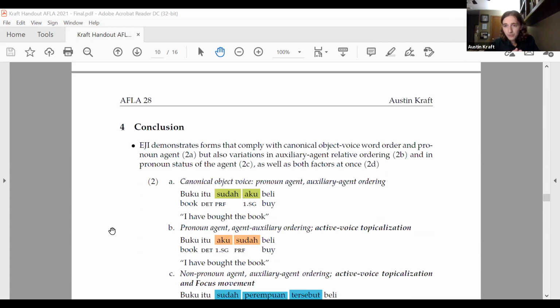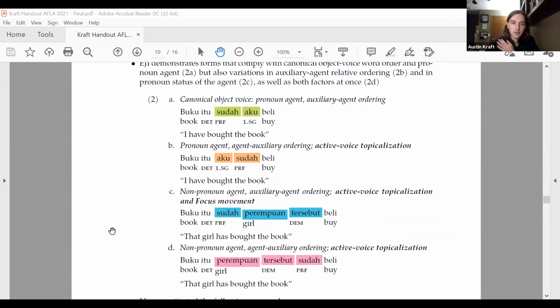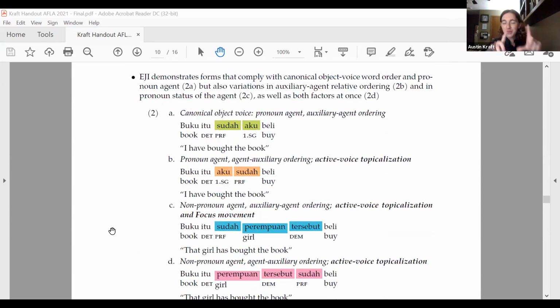And to recap the findings thus far, returning to this initial quadruplet, namely the first three here, we have the canonical object voice, following our diagnostics of a theme being in the specifier of TP.